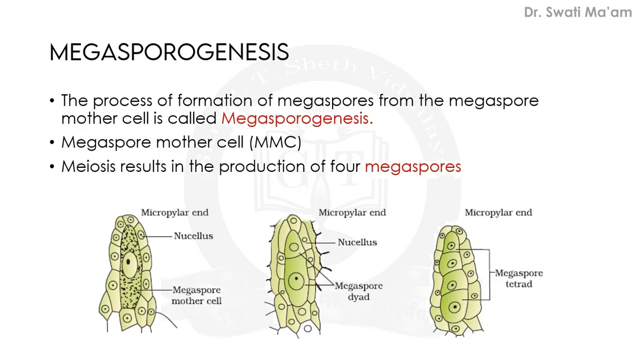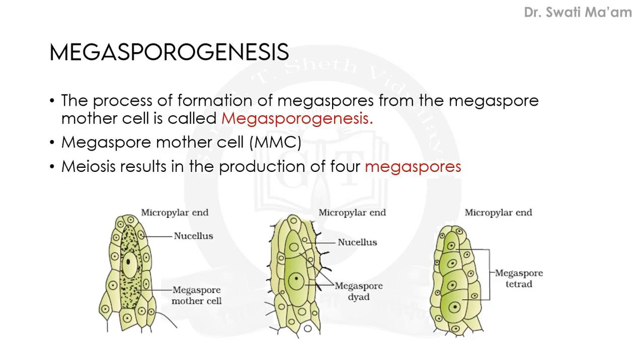Meiosis will result in the production of 4 megaspores, but in the majority of flowering plants, one of the megaspores is functional while the other 3 will degenerate. So here we will see that all the upper 3 will degenerate. This is the larger one and most probably it will participate further. We will consider it as the functional megaspore here.